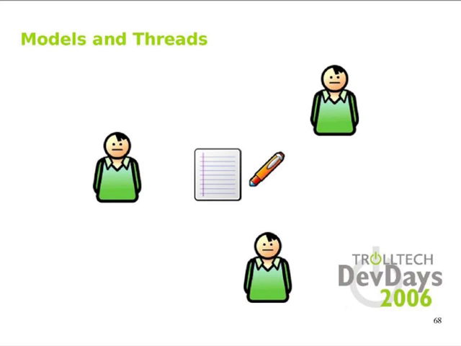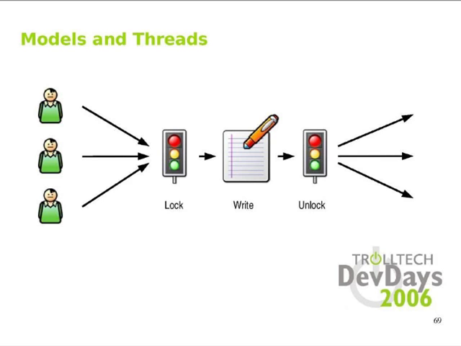So, how do we solve this problem? Well, the standard way of solving it is, of course, to have a lock so that only one person can write down his ideas on the paper at the same time. And we have classes in Qt for doing this, and it's actually not that hard to do.